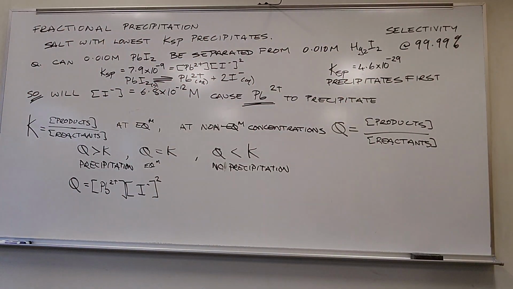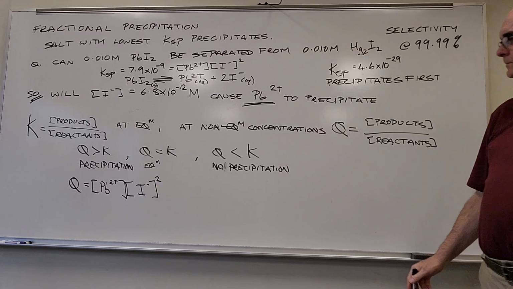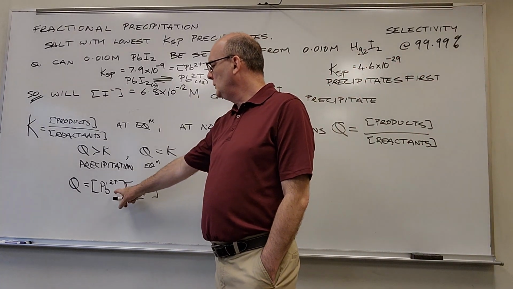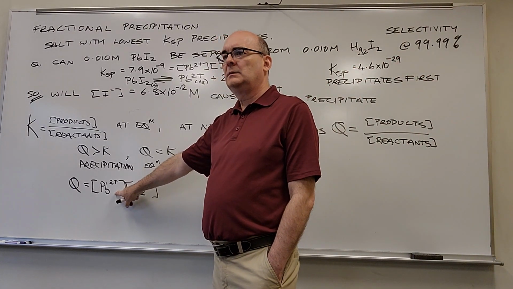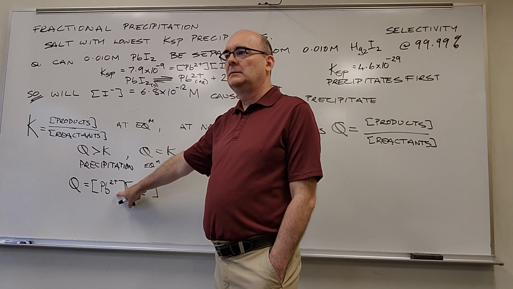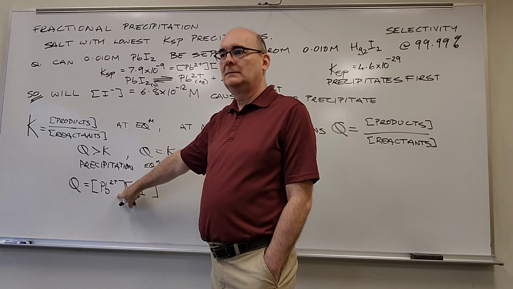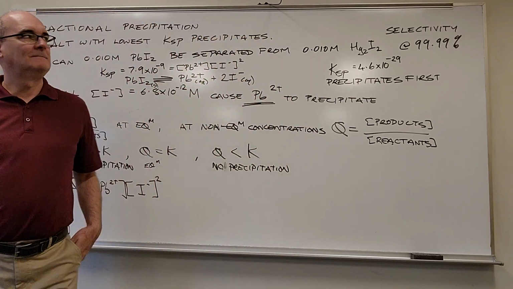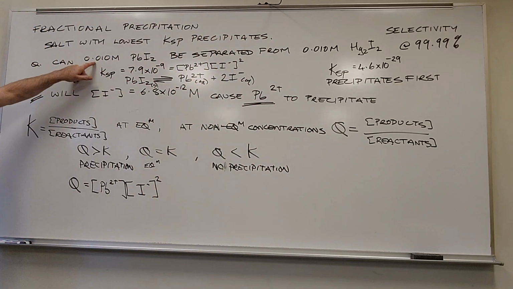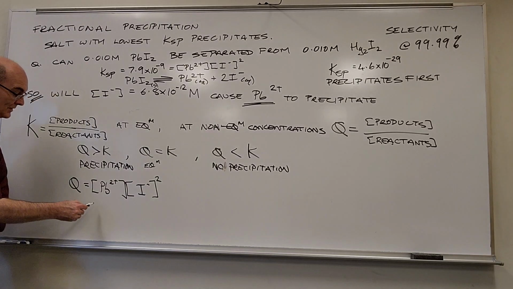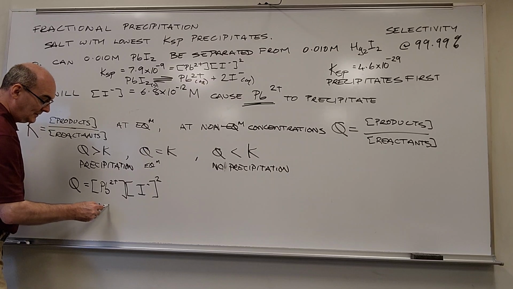Let's see. Do we know that value? But we just found an I minus. But we do know from the beginning of the class that is the concentration of lead ions in solution. That one, right there. So that goes here.